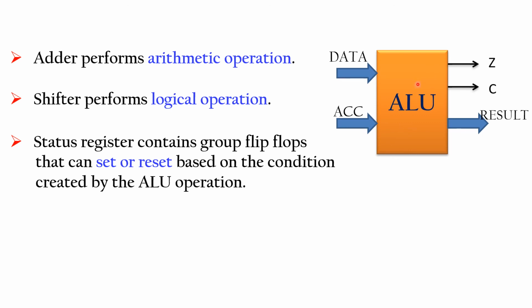Here the addition is performed, and the result of the addition is again stored in the accumulator. In that case there might be a carry, because we are adding 8-bit numbers, so an additional 9th bit may be generated. So this is nothing but the carry.